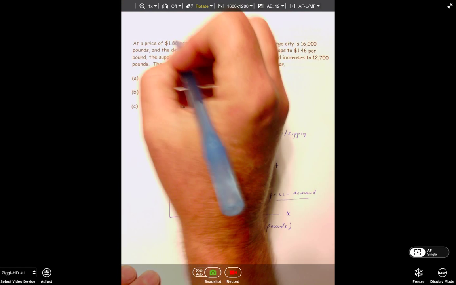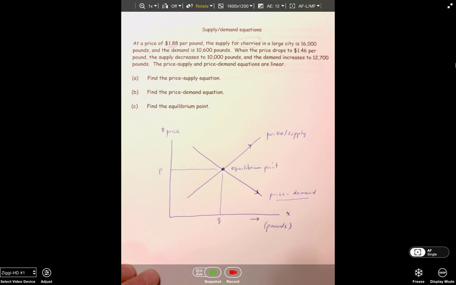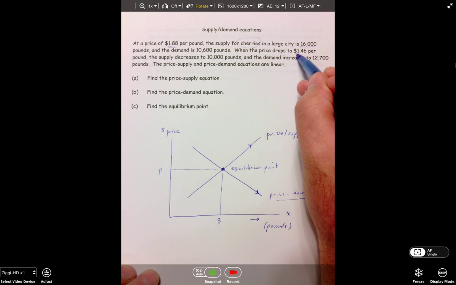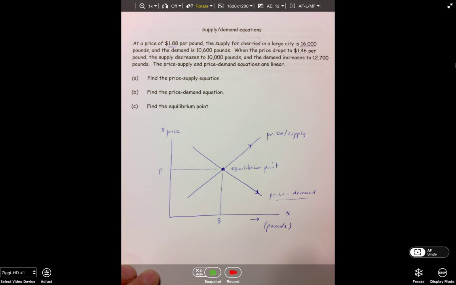So again, let's think about this intuitively. At $1.88, you can see that you have a supply of 16,000 pounds. But when the price drops to $1.46, notice that the supply decreases to 10,000. And again, that relationship between price dropping and the supply decreasing should make a lot of sense.